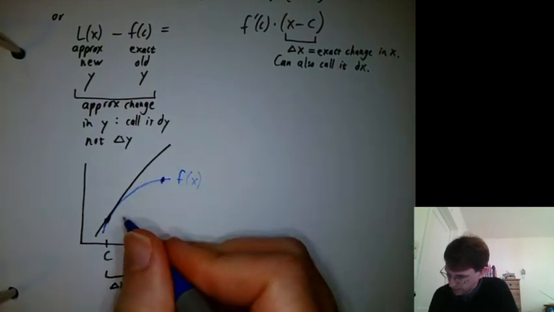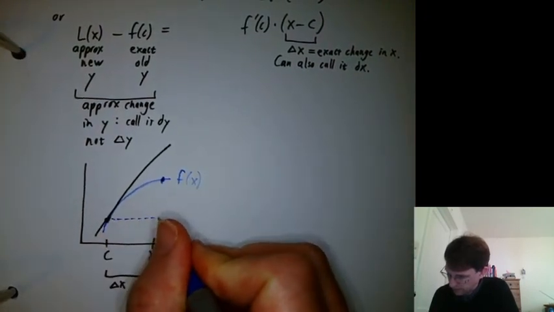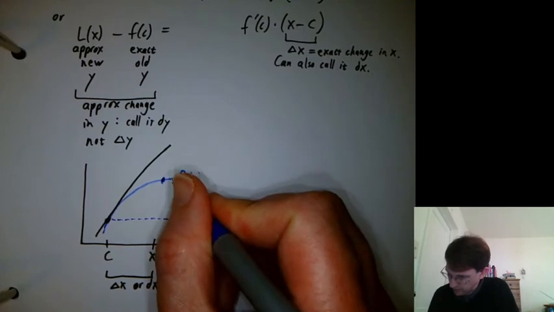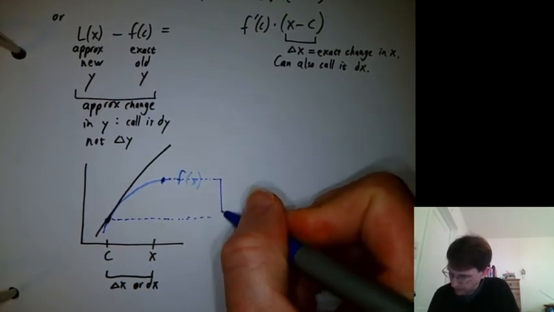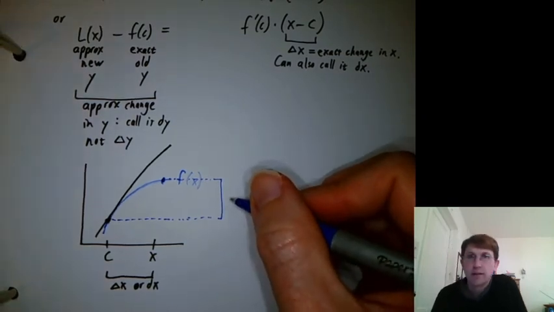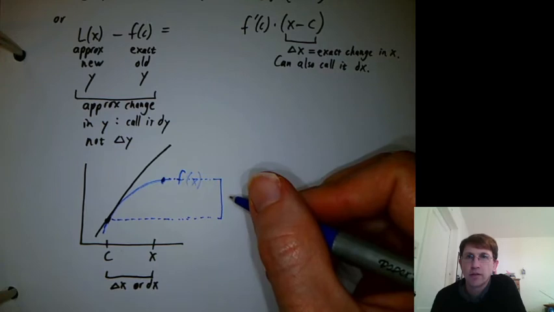Try this. So this value and this value, that vertical distance, is that the exact change in y following the function, or is that the approximate change?